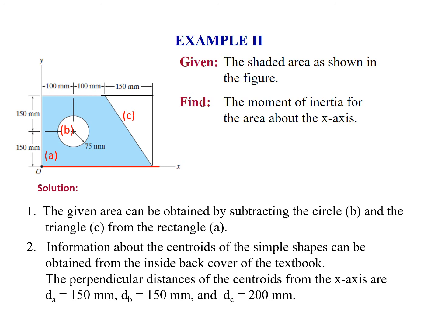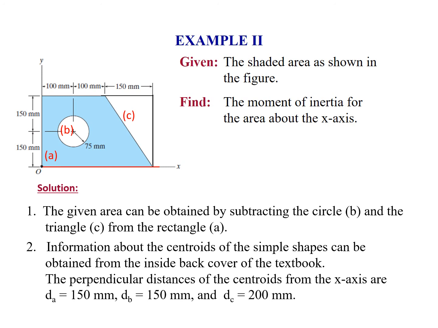You can find the information about centroids of the simpler shapes on the inside back cover of the textbook, and we can get the perpendicular distance of the centroid of each of these shapes from the x-axis. The distance for the entire rectangle is 150 millimeters, since the centroid goes through the axis of symmetry halfway up.